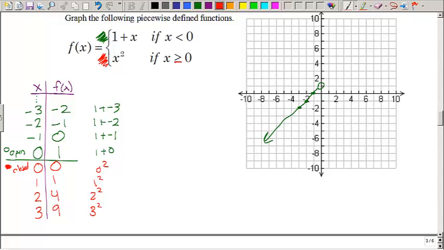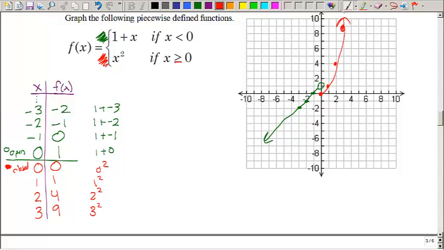On my red function, I have (0, 0), (1, 1), (2, 4), and (3, 9). And when I connect those, I have a nice parabolic function here, although you only see part of the parabola. And this is my piecewise defined function.